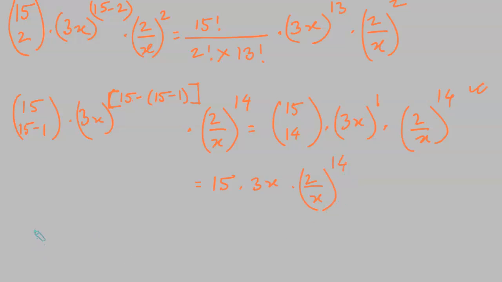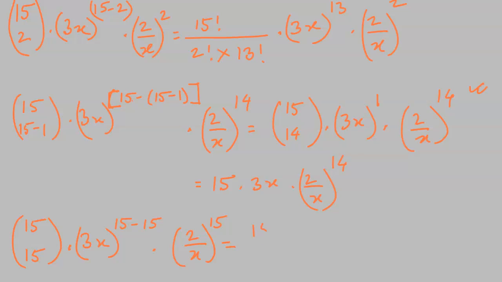Coming to the last term, it is 15C15. R is equal to n is equal to 15, so it is 15C15 times 3x to the power of 15 minus 15 times 2 over x to the power of r, which is equal to 15. Okay. And what is 15C15? Let us check.